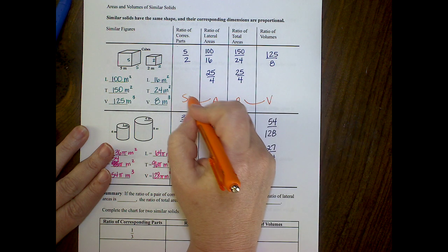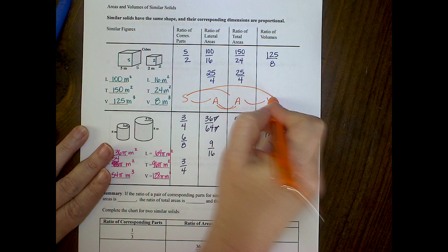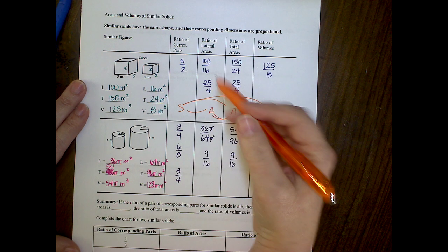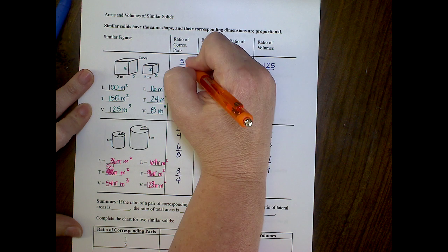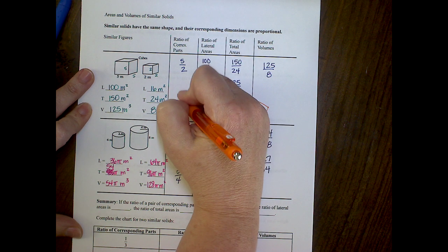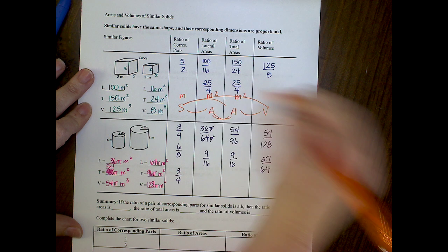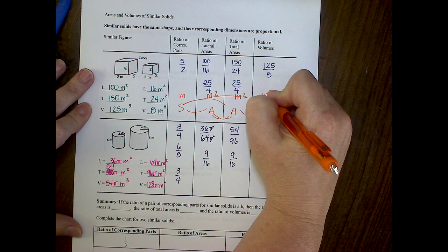So we always go from sides to area or sides to volume, but everything relates back to what happens to the sides or the corresponding parts. Notice our sides are measured in meters. Our area is measured in meters squared, and our volumes are measured in meters cubed.